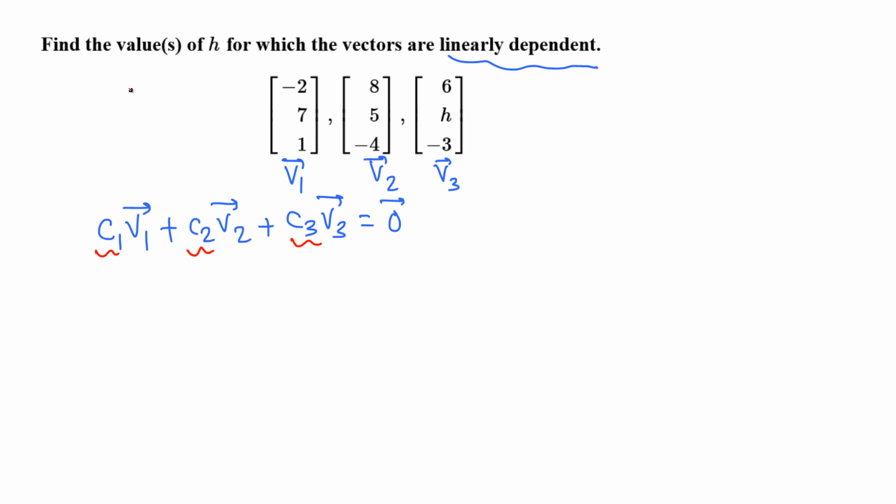So we write down the corresponding augmented system for this vector equation, which happens to be: first vector -2 7 1, 8 5 -4, 6 h -3, and then all zeros.